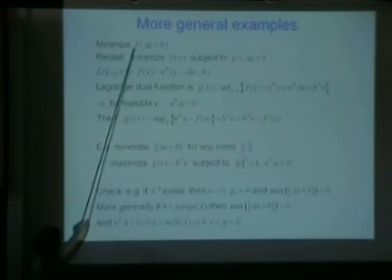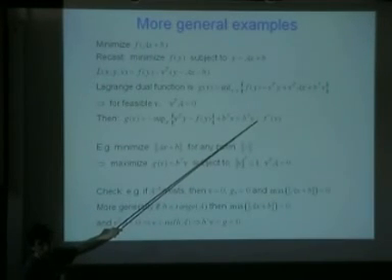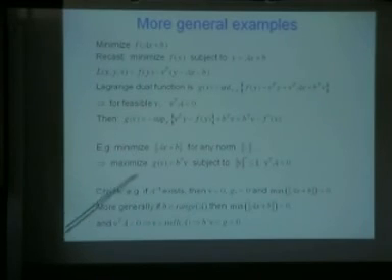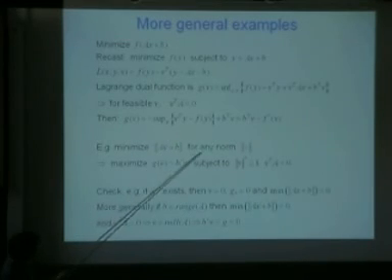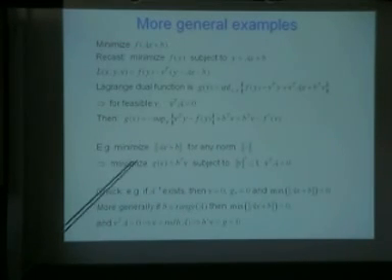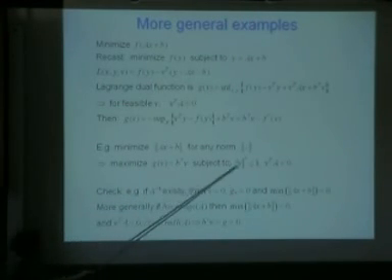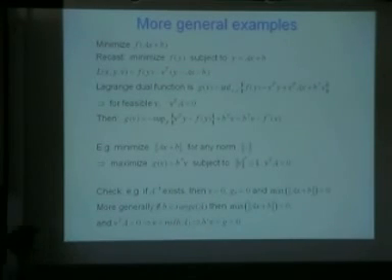So here, I haven't said what f is, and yet I've been able to write down the dual function, because I've got this idea of conjugate function. So for example, you should check this. Minimize some object, this affine function plus a norm of x, and this gives the dual problem: maximize this, subject to the dual norm less than 1, with these constraints.